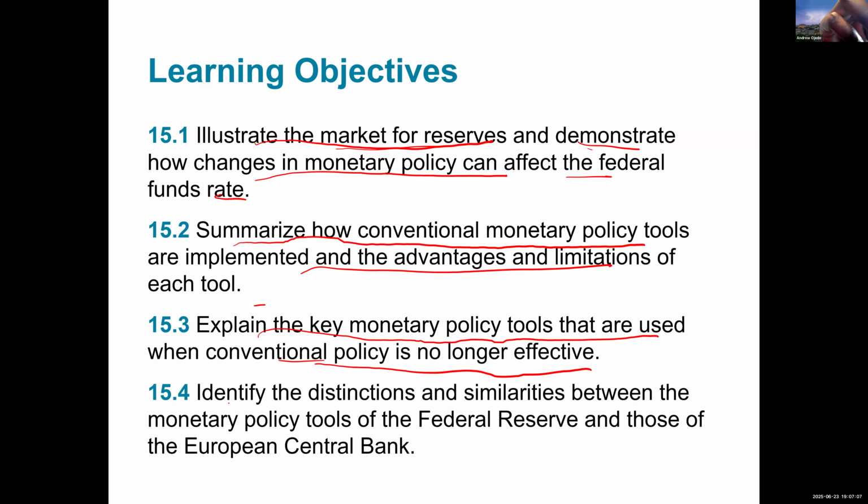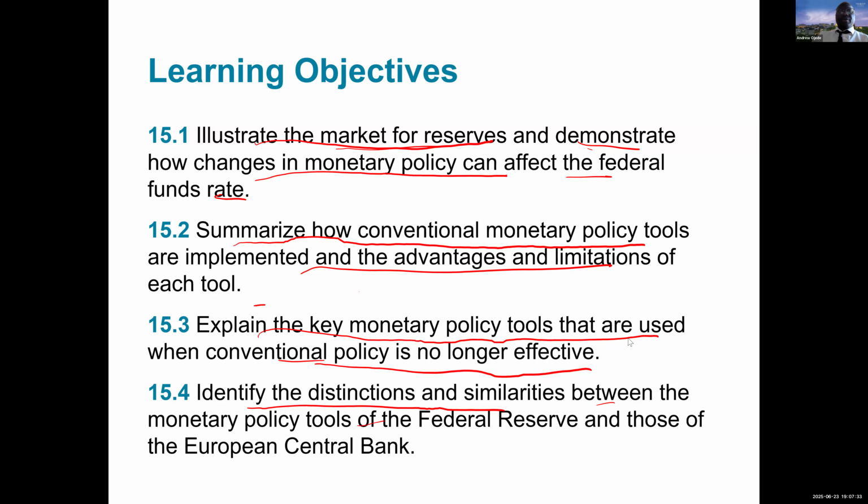We're also going to identify the distinctions and similarities between the monetary policy tools of the Federal Reserve and those implemented by the European Central Bank, the ECB. We talked about the ECB the other time. This central bank in Europe is in charge of printing the euro, the common currency used by a number of countries in the EU.